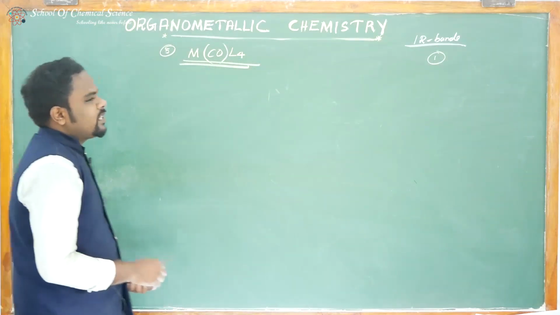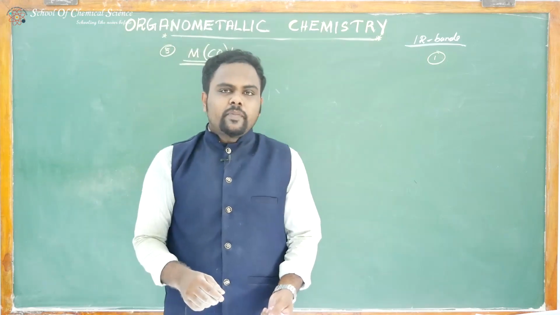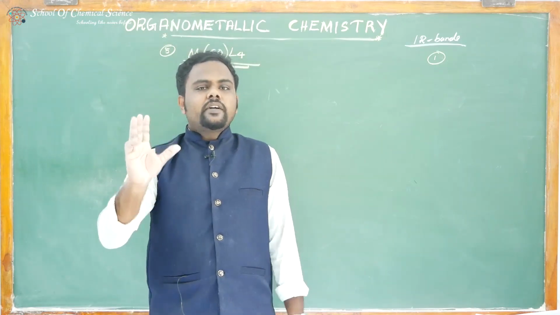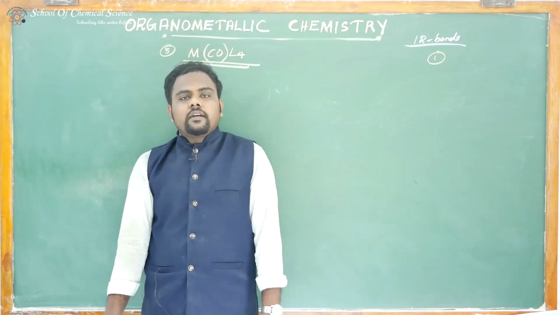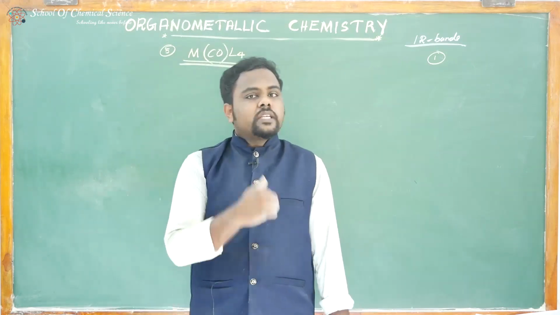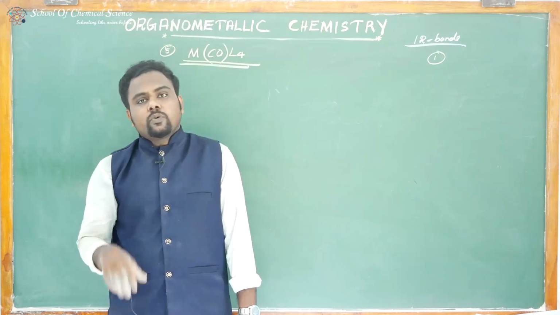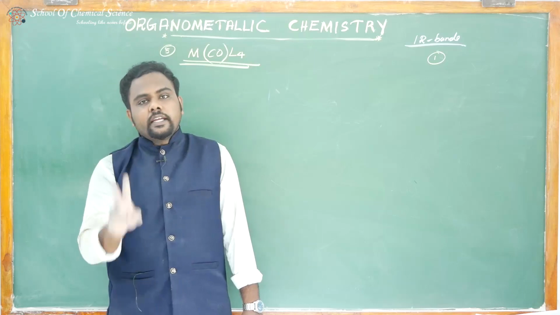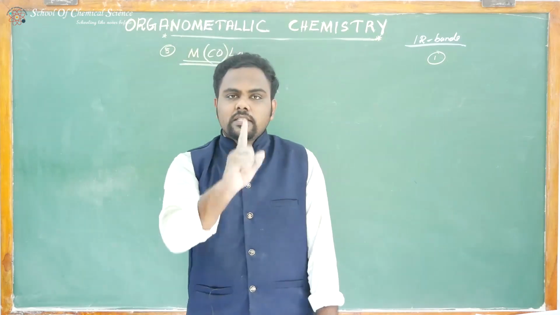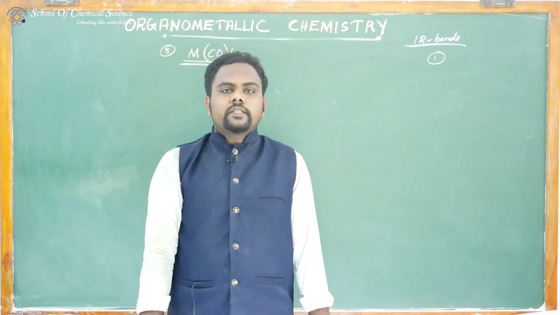So that's all about the 5 cases of TBP geometry: MCO5, MCO4L 2 cases, MCO3L2 3 cases, MCO2L3 2 cases, then here only 1 case, only 1 IR band.